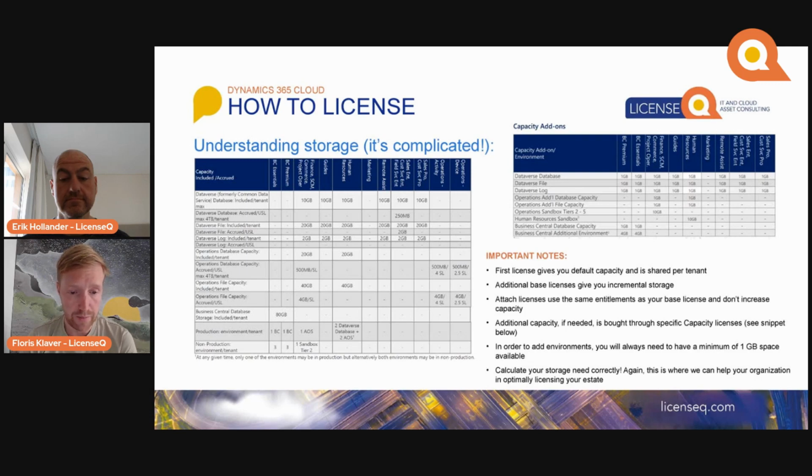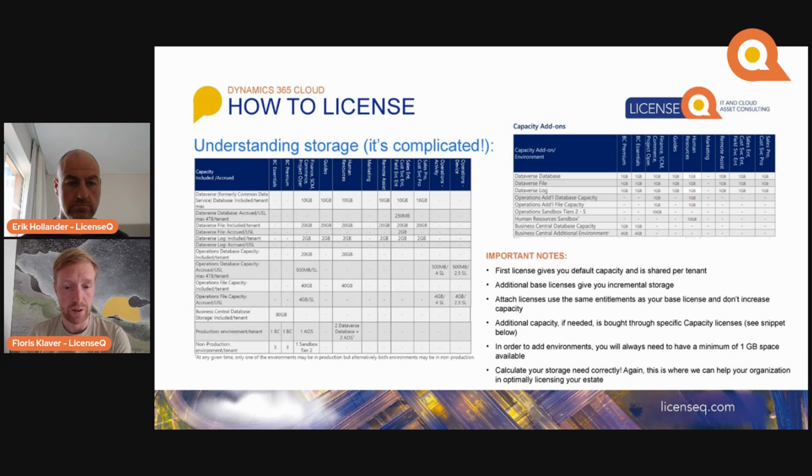So if you buy a remote assist license, you get 10 gigabytes of tenant storage, and you get 20 gigabytes of Dataverse file storage included in your tenant, and 2 gigabytes of Dataverse log storage included in your tenant. Same here with Sales Enterprise, Customer Service Enterprise, or Field Service. You start with a default of 10 gigabytes of Dataverse storage included in your tenant.